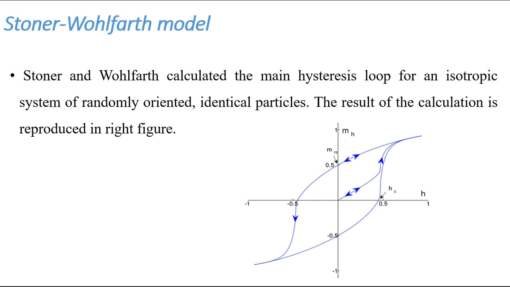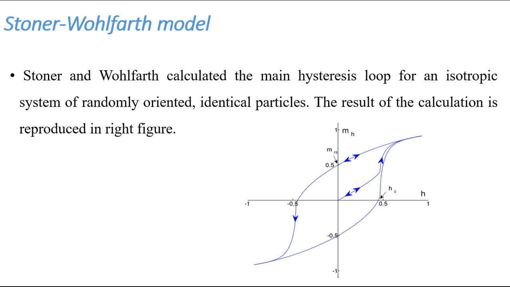Stoner and Wohlfarth also calculated the mean hysteresis for an isotropic system, in which we have small particles with randomly oriented magnetization, which is very close to a practical system.